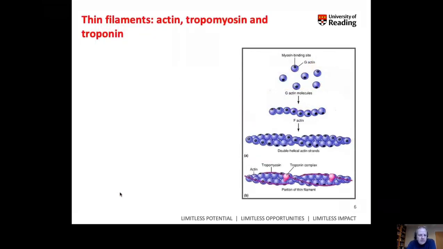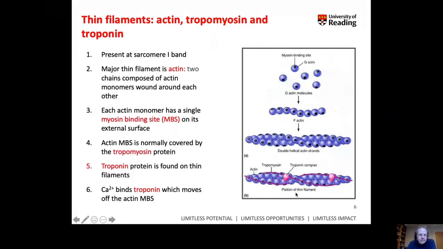Similarly, lots of information probably about the thin filaments. We said that the thin filament is actin, and the binding proteins present on actin are tropomyosin and troponin, and this is just really a diagram to show you how these fit in.